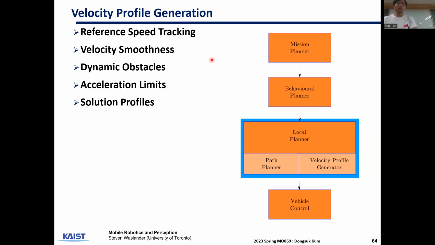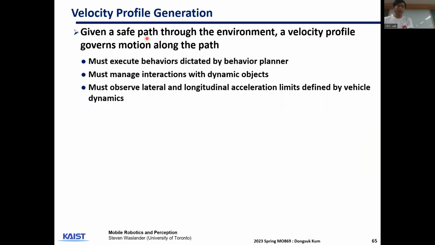So these are the things that will be covered. The goal of velocity profile generation is that, given a safe path in the environment, a velocity profile governs the motion along the path. So this will determine what the speed of the vehicle is when it moves along the path that you generated from the local path planner.